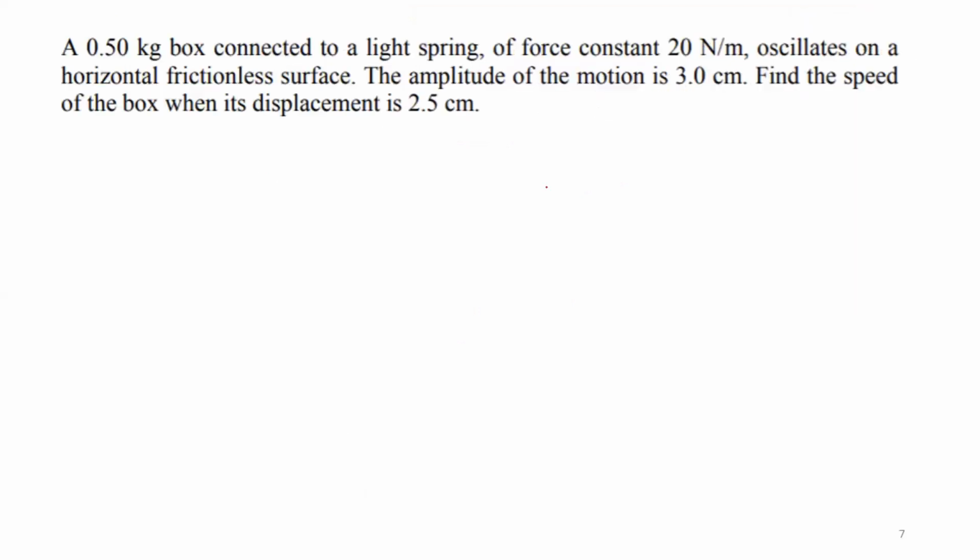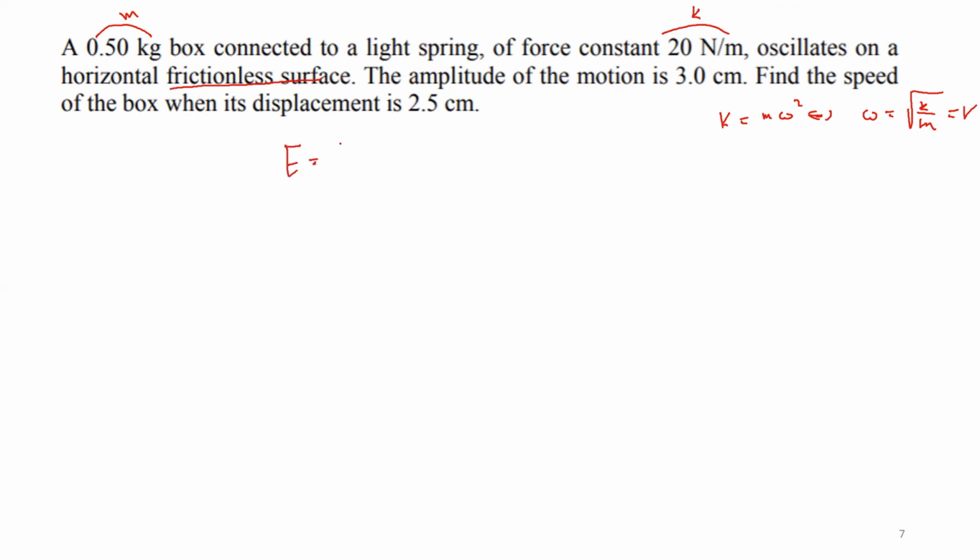Next. Here I give you the mass of the block and the spring constant K. I'm giving you omega actually, because you know that K is m omega square, meaning omega is square root of K divided by m, just in case I need it. It oscillates on a horizontal frictionless surface. Of course, it's frictionless, so I have conservation of mechanical energy.